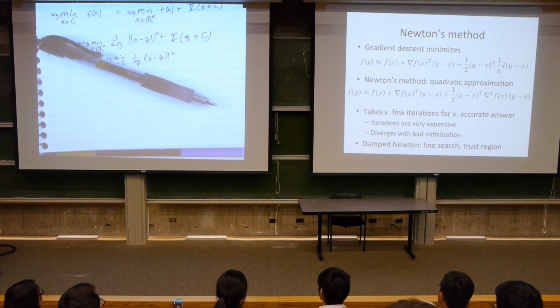Also, Newton's method has a bad tendency to, if you start in a bad place, even with a nice function, it might diverge. So you have to kind of keep track of that. So one thing you can do is actually do kind of a backtracking-like thing, which is the line search thing here. Or you can also do something called the trust region, which is basically you take the Hessian and you add some multiple of the identity.